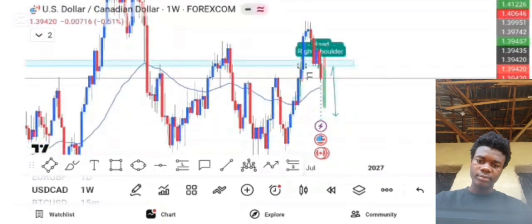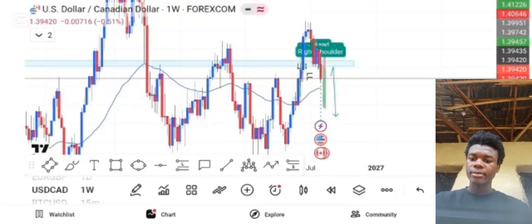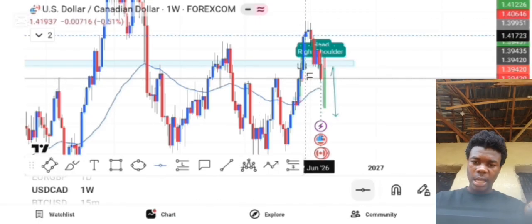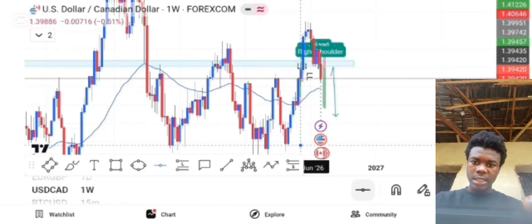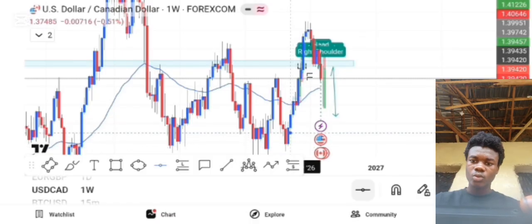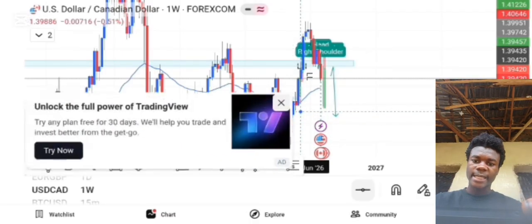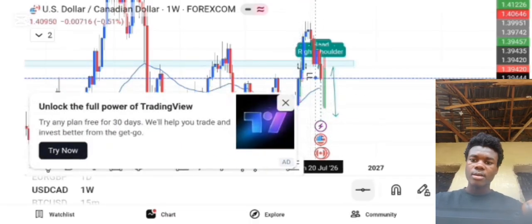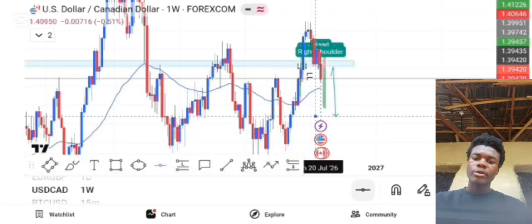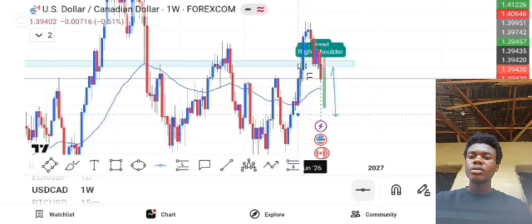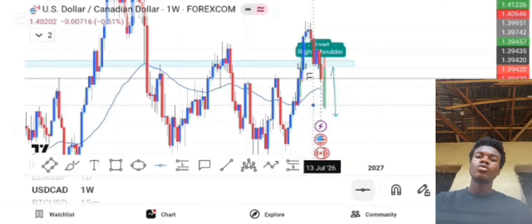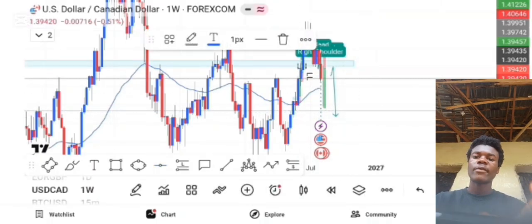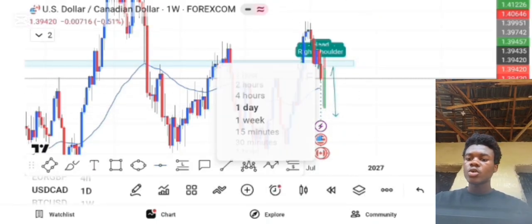On the weekly time frame, we are currently bullish because we got a high push right here, and this area is the higher low in the weekly time frame. So we have two time frames in sync in this pair, but anything that happens, we see how it goes.